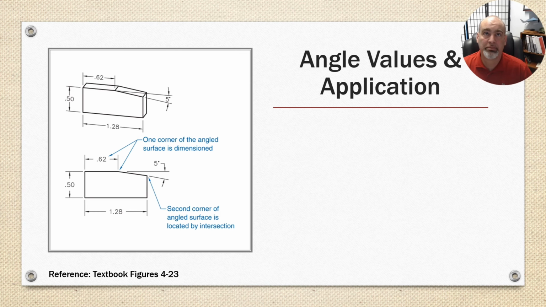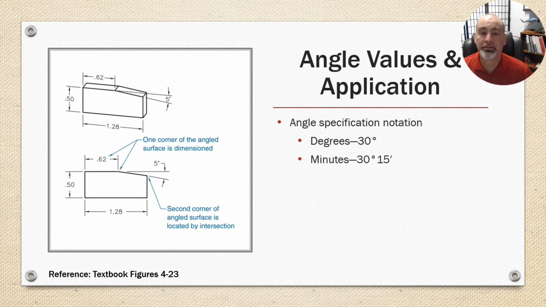Angle values and application. Angle specification notation can take several forms. You can have degrees. You can have minutes. There are 60 minutes in a degree, just like there are 60 minutes in an hour. There are also seconds. If it goes even to another level of accuracy, there are 60 seconds in every minute.